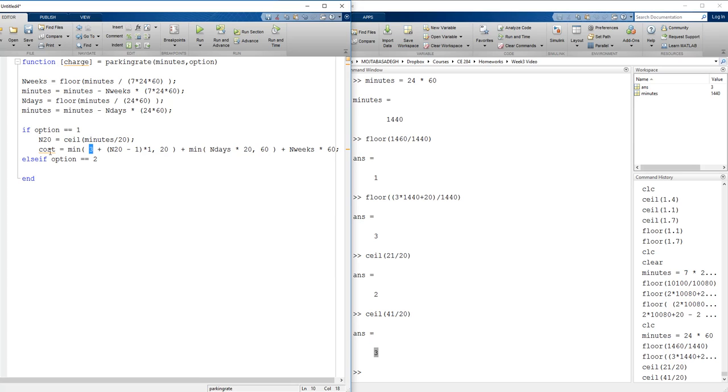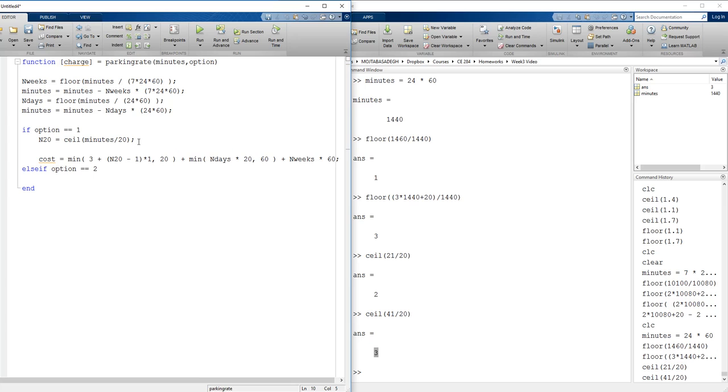Perfect. Let's come here. Minimum of 3 plus 0 minus 1, so this becomes minus 1, times 1. 3 minus 1 is 2. Minimum of 2 and 20 is 2. So you have a $2 extra charge if you only parked for 2 weeks. So this is a little troublesome.